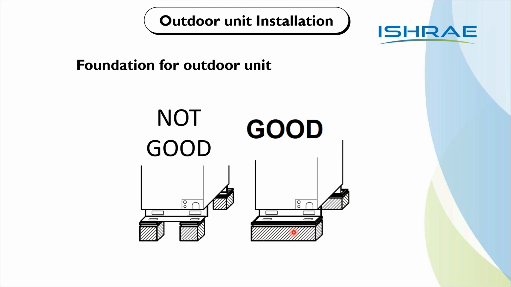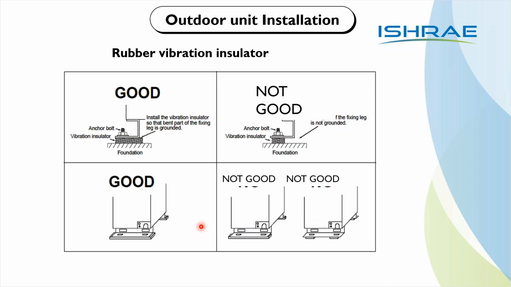It is advisable to have this kind of support for the full length of the VRF outdoor base rather than keeping 4 bricks in 4 corners and giving rubber pads only to that. This will result in some amount of vibration. So it is always advisable to have a solid base for the full length of the base of the VRF unit and then have the full rubber pads rather than having it in pieces.